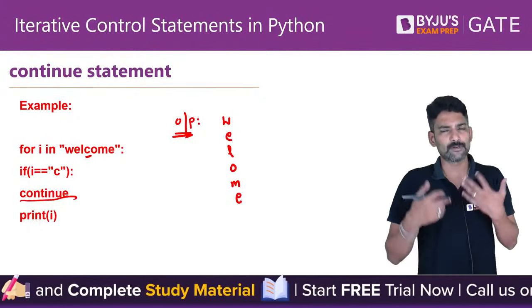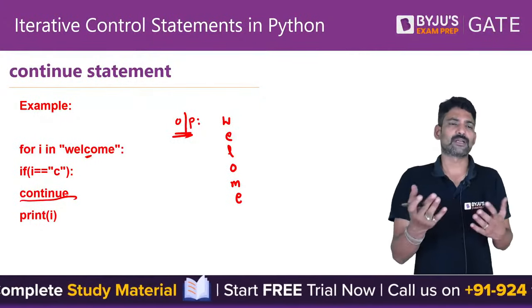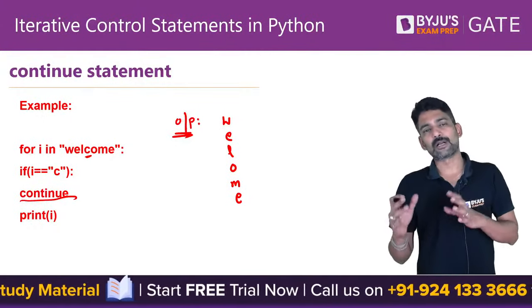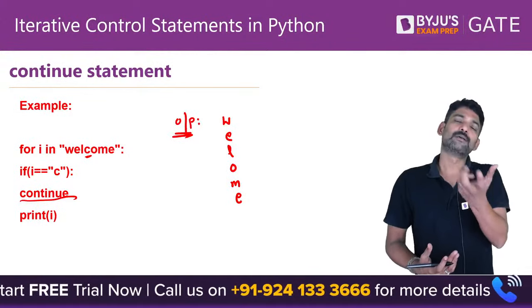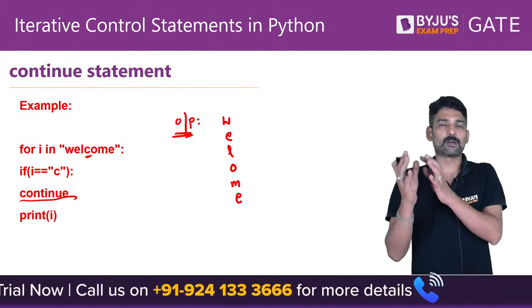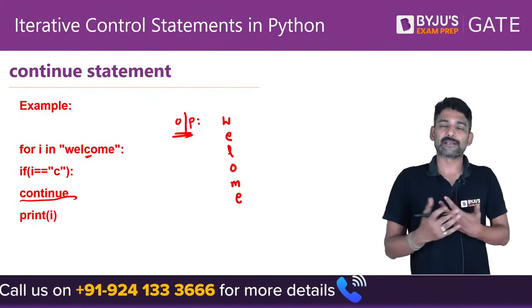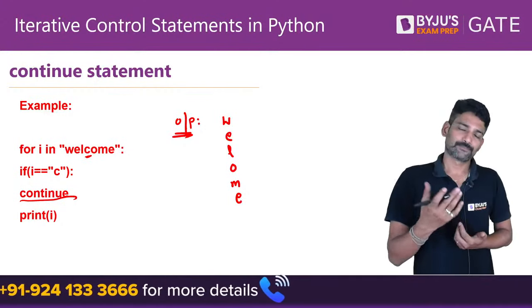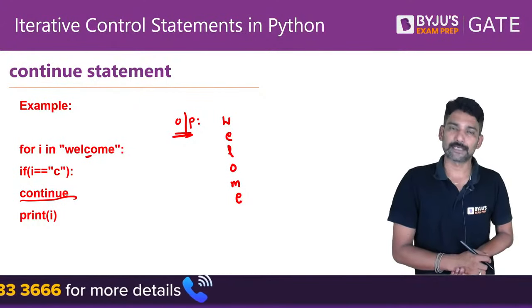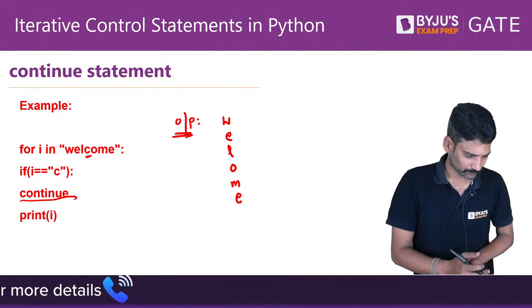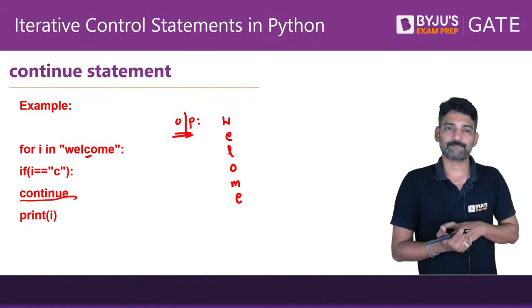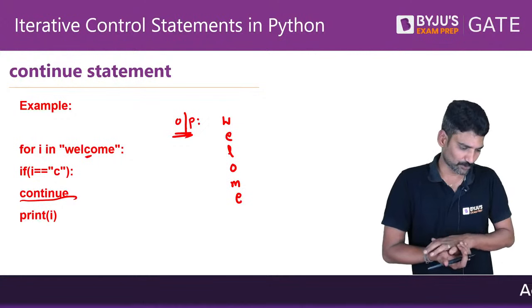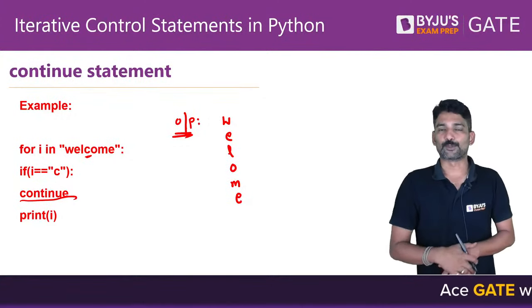If you want to skip m also, you can write if i equal to c or i equal to m, continue. It is not like only for one. If for one or a particular number of iterations you want to skip, then you can use continue for those. No go to statement. No, there is no go to statement in Python.